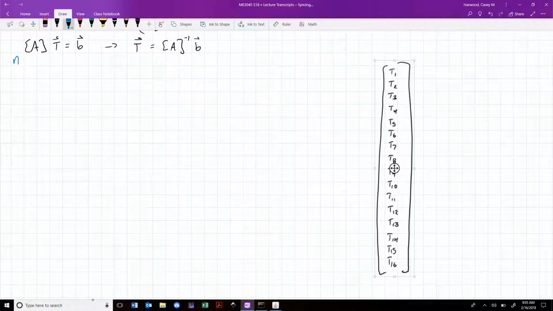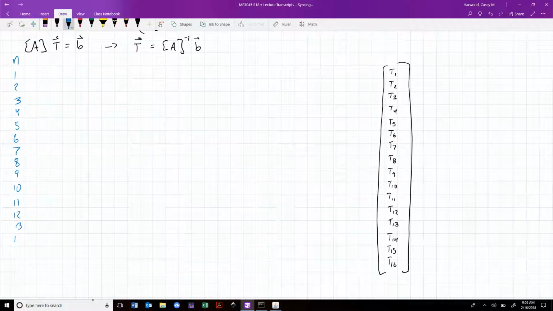If we write the node numbers, we know that the only ones that we actually want to solve at are 6, 7, 10, and 11. So in other words, this is unknown, this is unknown, this is unknown, this is unknown.